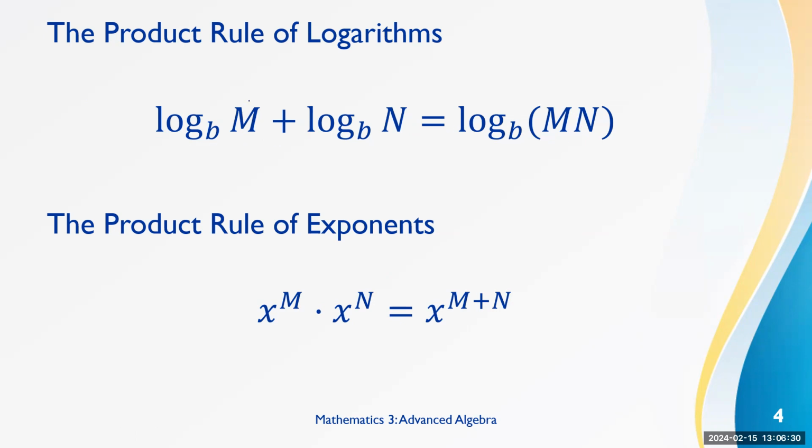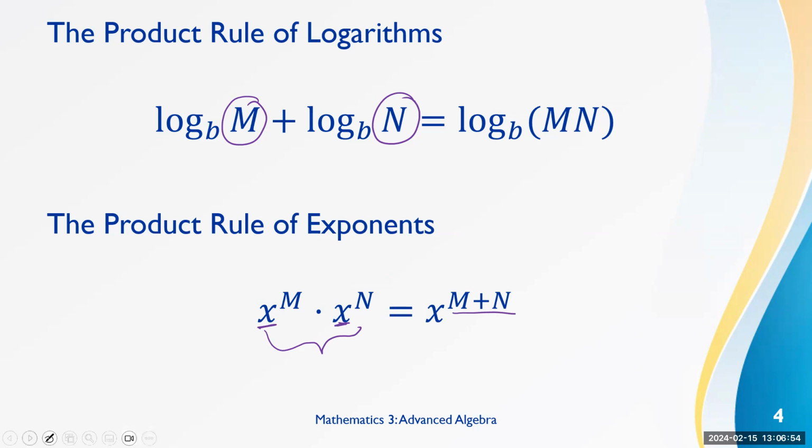So we are going to multiply the two arguments. This is similar to the product rule of exponents. If we want to get the product of two exponents with the same base, we add the exponents.